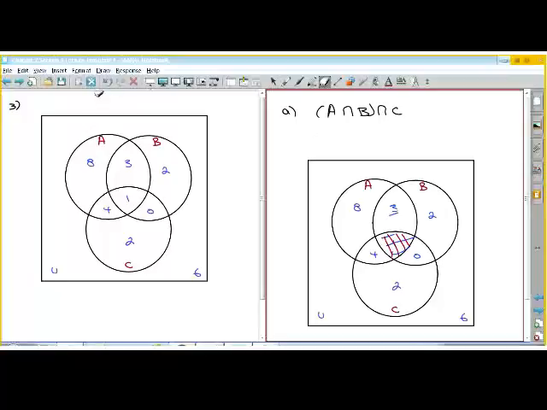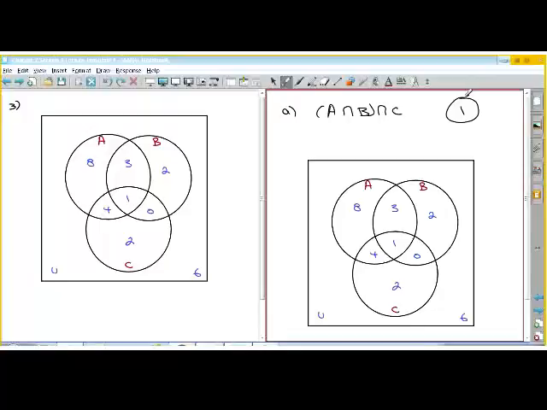The answer we're looking for is how many elements of the total system involve the intersection of these 3 sets. Whatever number is inside the area is the answer. So the answer is 1. There's 1 element that is in all 3 sets.